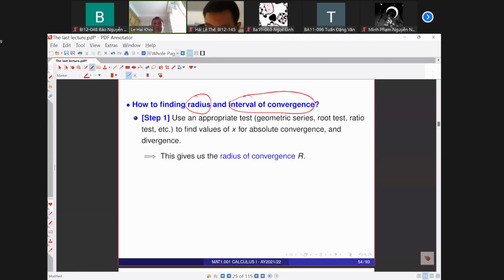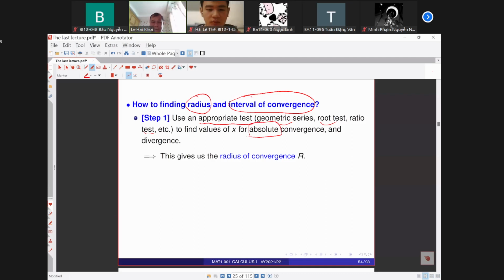The first step, you have to use an appropriate test, which means the test you think is suitable for your question, either geometric series, root test, ratio test, etc., to find the values of x for absolute convergence and divergence. That is, to find R.